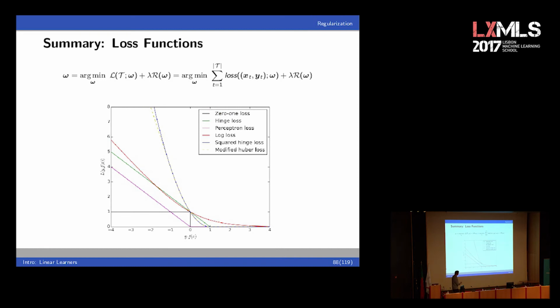So to summarize this, if you plot all of our loss functions as binary classification loss functions, you can see that all of them are actually upper bounds on the 0-1 loss, which is a non-convex, non-differentiable function.